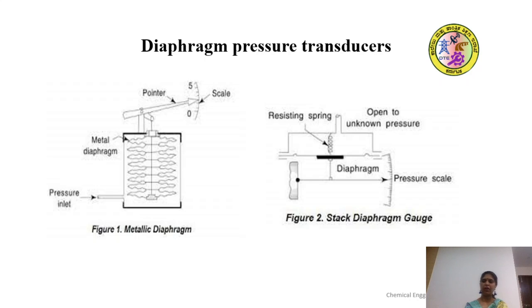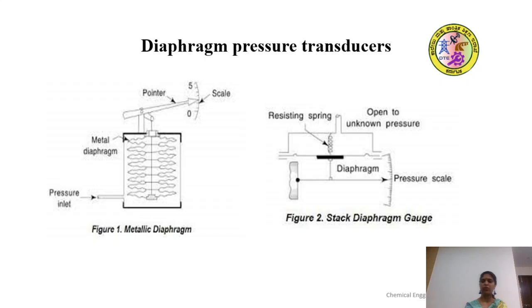The diaphragm is a flexible material, usually made of rubber, usually referred to as elastomers. They can also be made of a metal that is ductile in nature, which can be made into wires, and is flexible.